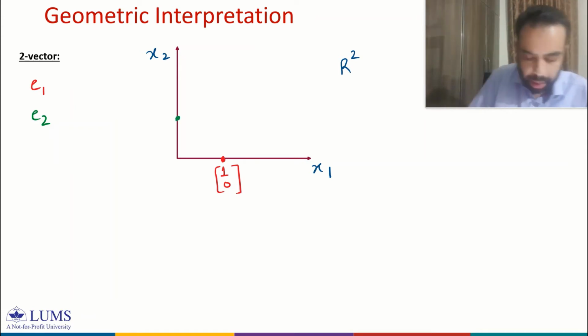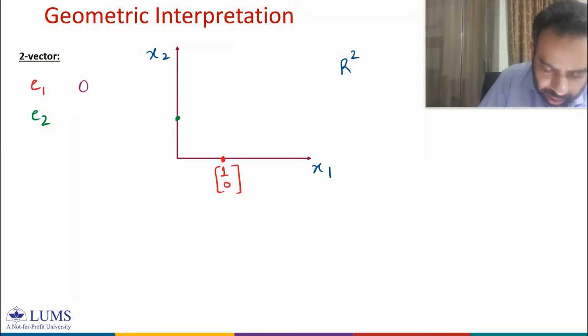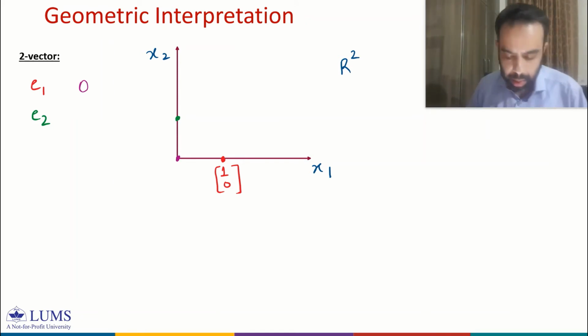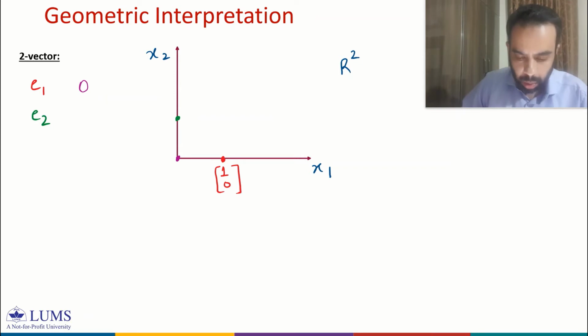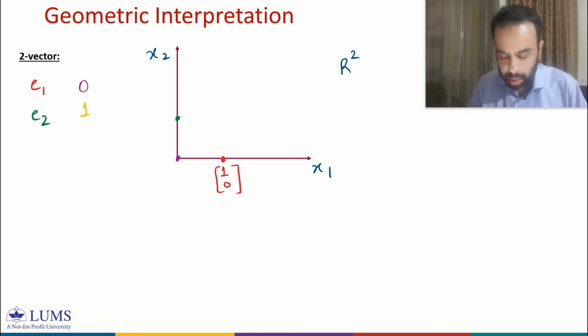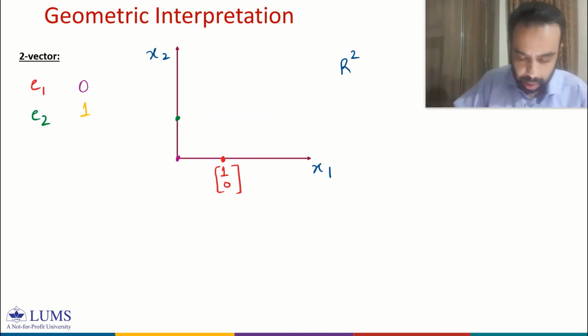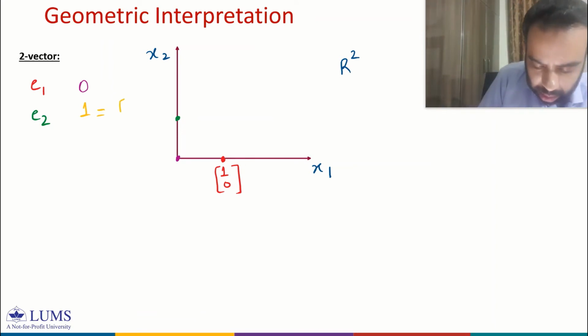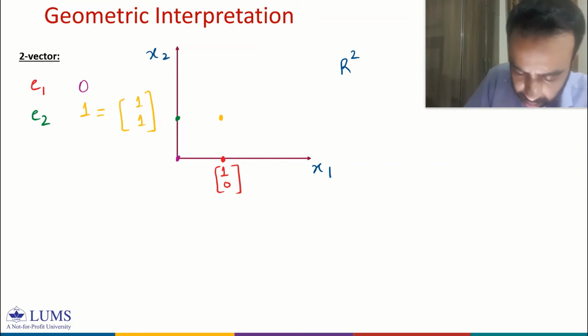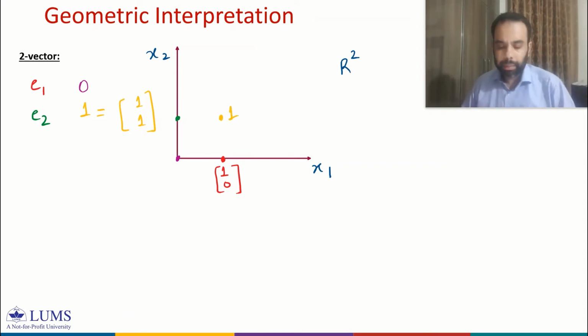What about the 0 vector? The 0 vector is at the origin, where x1 is equal to 0 and x2 is equal to 0. And what about the 1 vector? We know that x1 is 1 and x2 is 1, so it's somewhere here. So this is the 1 vector.